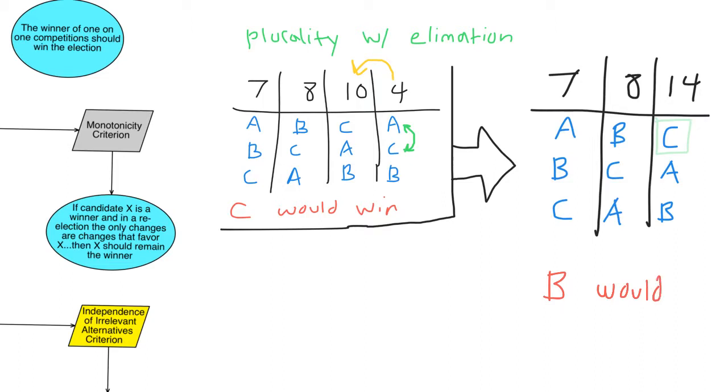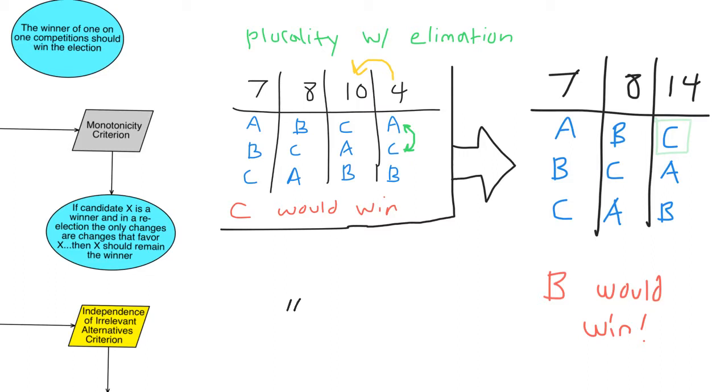It would be a good form of practice to confirm that B would win, even though the only changes between this preference schedule and the new re-election preference schedule are changes that benefited the previous winner. According to the monotonicity criterion, that should not happen.